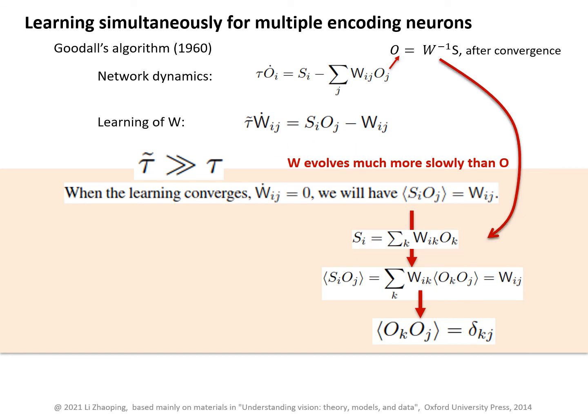Let's say that suddenly the input environment changes. So the input statistics change so that this output decorrelation no longer holds. Consequently, going backwards, that means this equation no longer holds. That means this is no longer 0 on average.